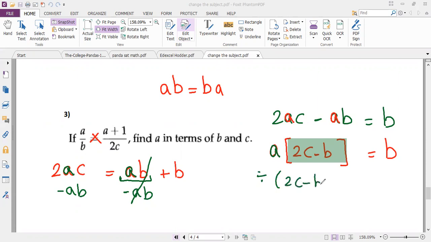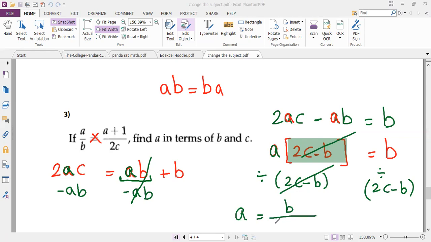Both sides divided by 2c minus b, because dividing by 2c minus b cancels 2c minus b with 2c minus b. Then on the left, you will get a equals b over 2c minus b. That's it. Now a is the subject.